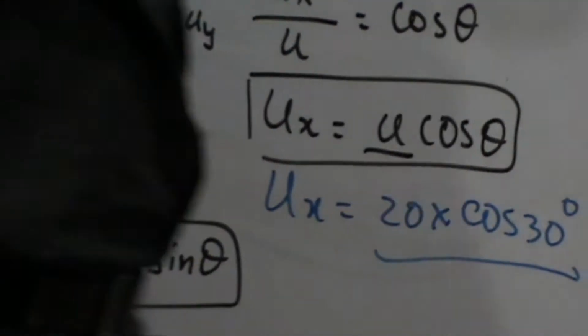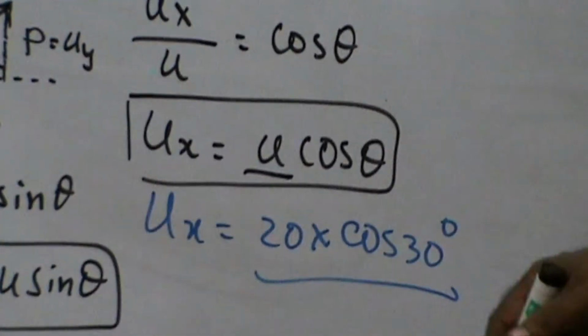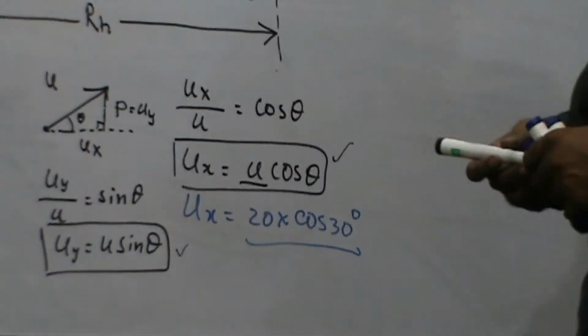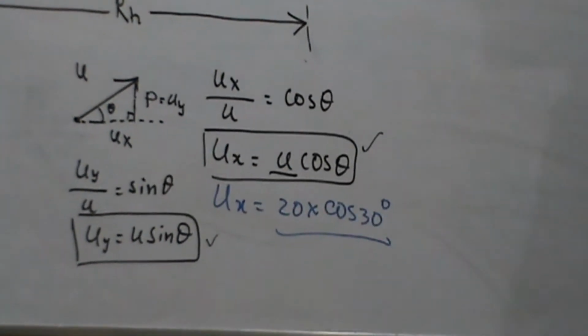Sometimes we are given the horizontal and vertical components of the velocity, and we are asked what the resultant velocity of this particle is.